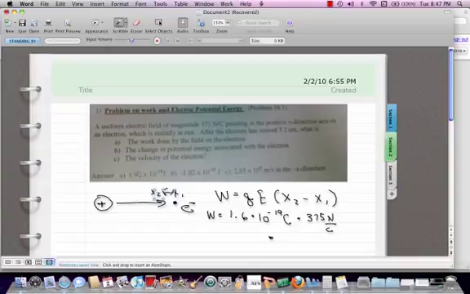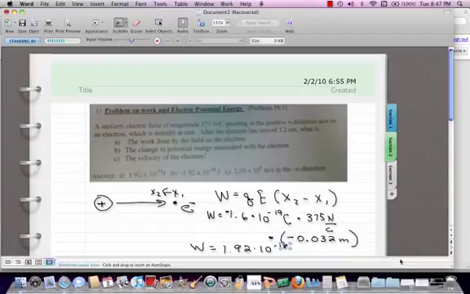So X2 minus X1 is going to be a negative 0.032 meters. And my charge is going to be negative, so when I solve this equation I'm going to get a positive. When I plug in the numbers, I get 1.92 times 10 to the minus 18.